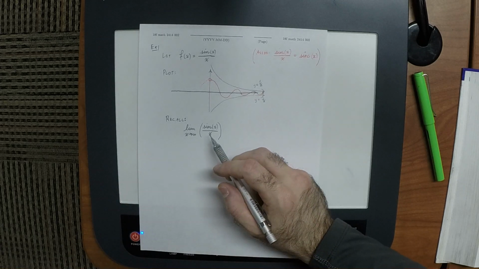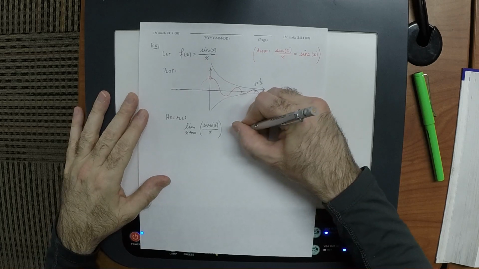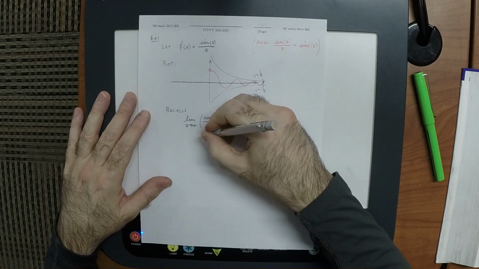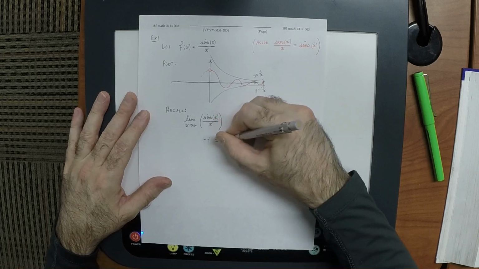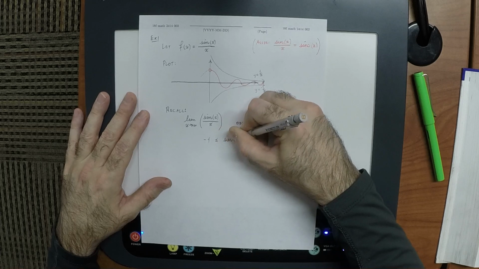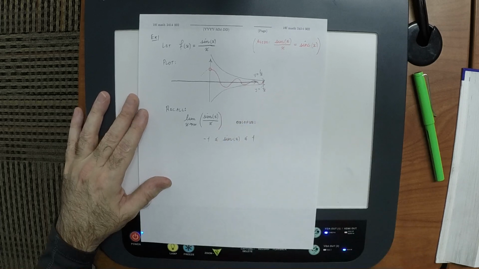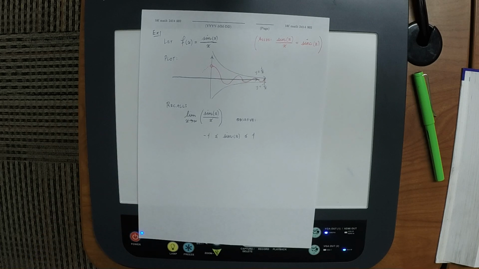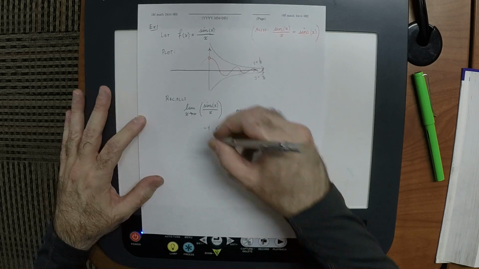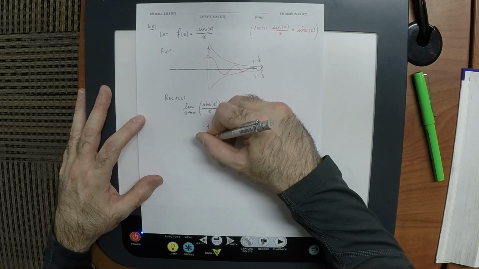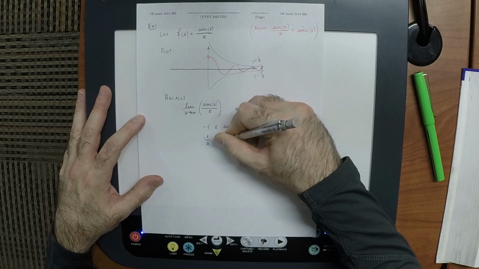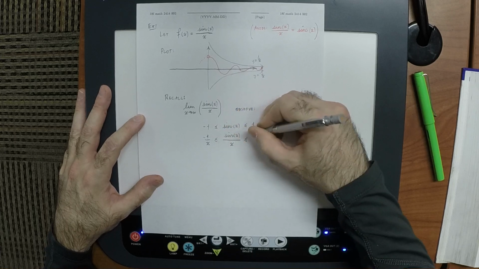So we want to calculate this. And observe that because it's the case that -1 is less or equal to sine of x is less or equal to 1, which is just to say that sine of x is bounded in that way, that also means that -1 over x must be less or equal to sine of x over x, which must be less or equal to 1 over x.